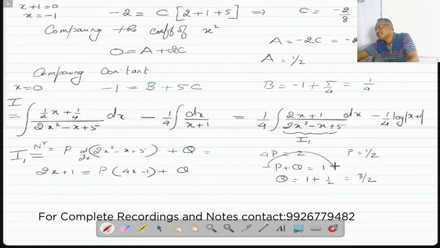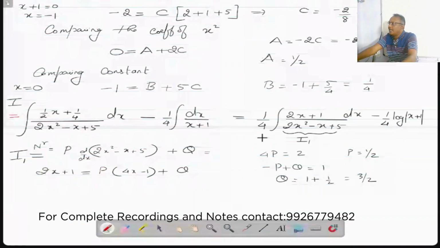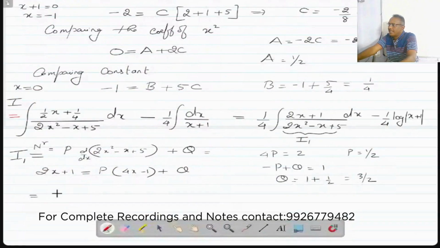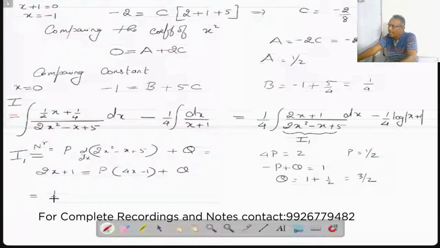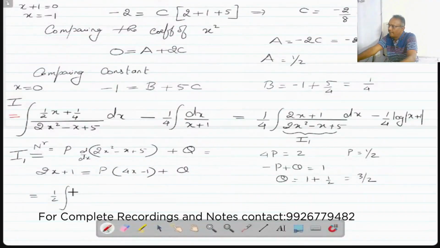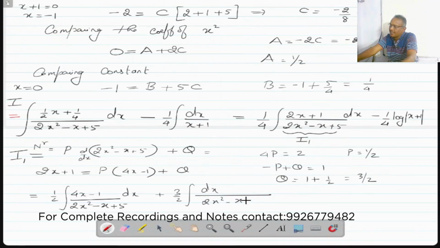So this becomes integral now, that is p, that is 1/2, 4x minus 1 upon 2x square minus x plus 5 dx, और 3/2 integral dx upon 2x square minus x plus 5.